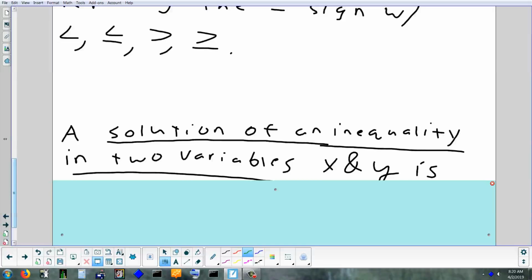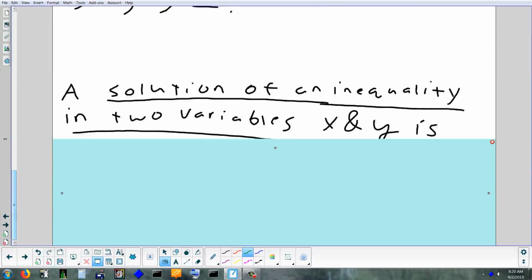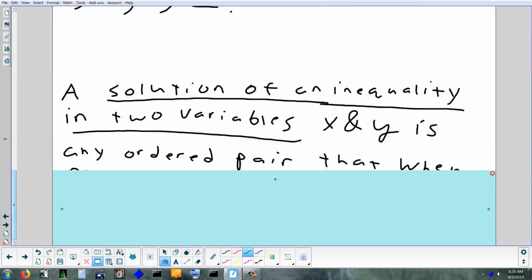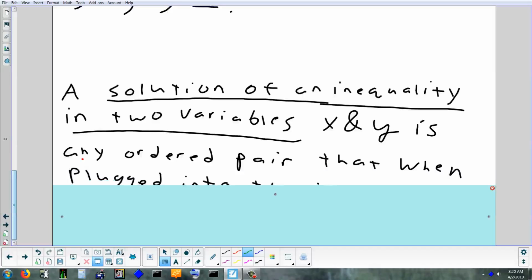All right? What's going to happen with these? They're all going to be infinite solutions. Pretty much. Unless you had one that was no solution. But I think all the ones we do today, they're all going to be infinite solutions. Okay? And you'll see what we mean by that when we draw it out. So the solution to a linear inequality is any ordered pair, not just a single one.